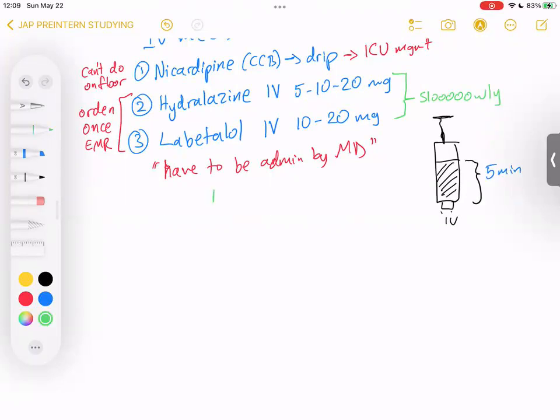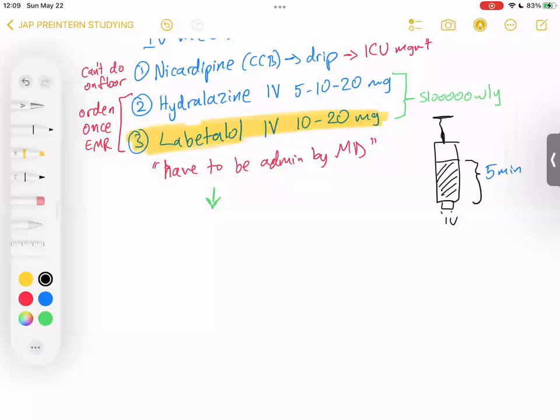So after you give the medication, and again, this is Muhammad's preferred method, is to give labetalol. I love labetalol, unless the patient is bradycardic. Okay. I don't like hydralazine. Why? What is kind of to remember about hydralazine? Can cause rebound tachycardia, maybe.